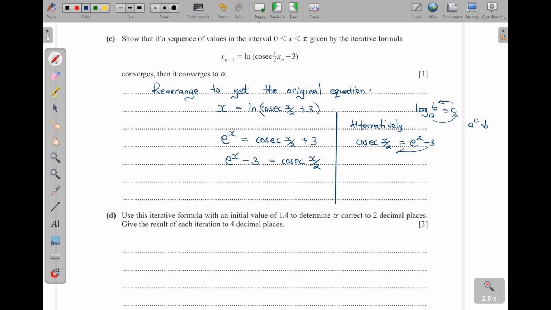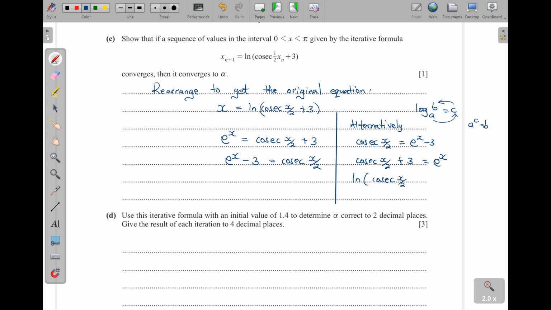So on the look of things, it is this one which was made the subject of the formula. If you bring the 3 here, it will be cosec of x over 2, then plus the 3, which is equal to e to the power x. To undo logarithms, you use exponentials, and to undo exponentials, we use logarithms. So I can introduce natural log on both sides.